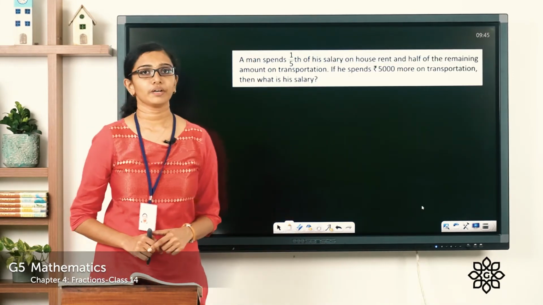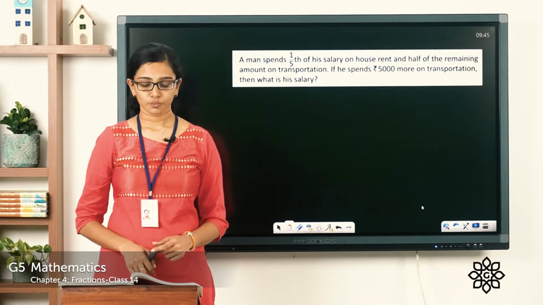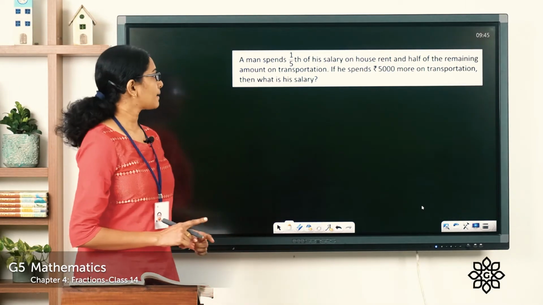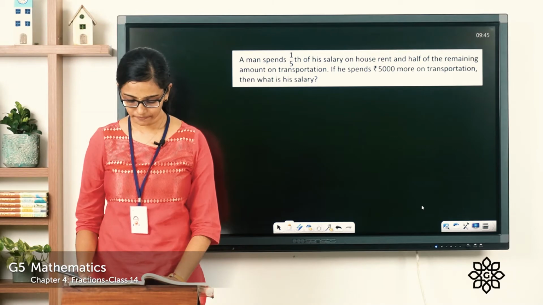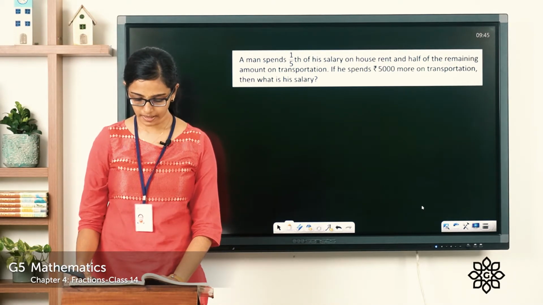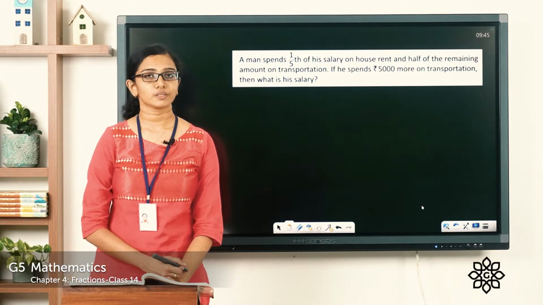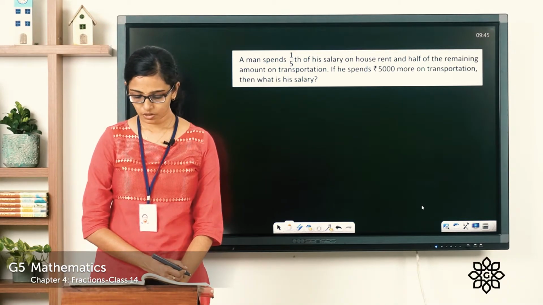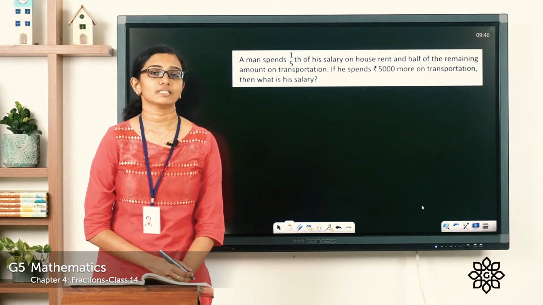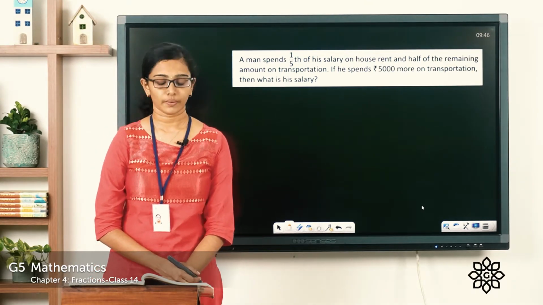Now we'll see one question from your textbook under the heading Hordes, which is on page number 73. A man spends 1/5 of his salary on house rent and half of the remaining amount on transportation. If he spends rupees 5,000 more on transportation, then what is his salary? So what is given in the question?